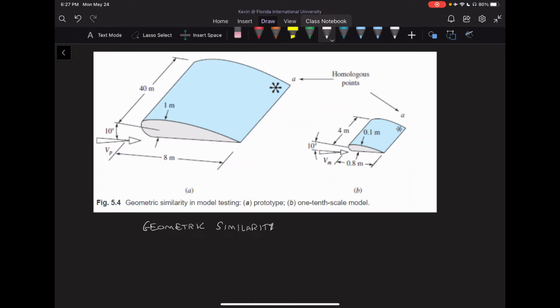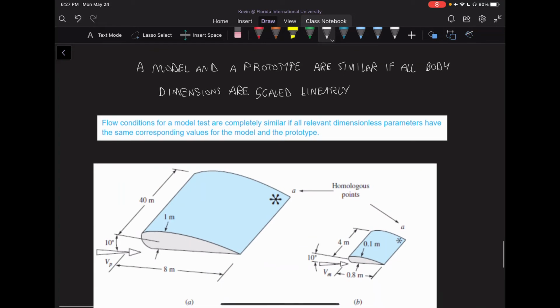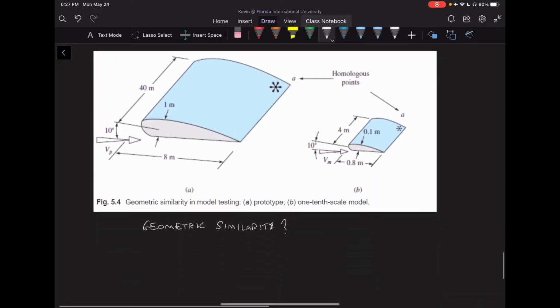And the answer lies in the statement that we made above. So model and prototype are similar if all body dimensions are scaled linearly. So if we look at one dimension, which would be the width of the wing, for example, we see that it's 40 meters in width. And we see that our scale wing is 4 meters in width. So can we say that they are geometrically similar or not from that statement?